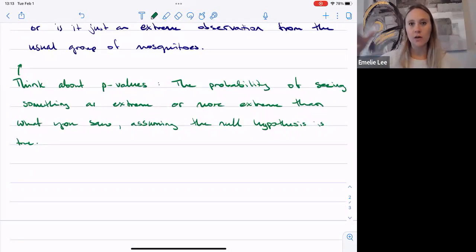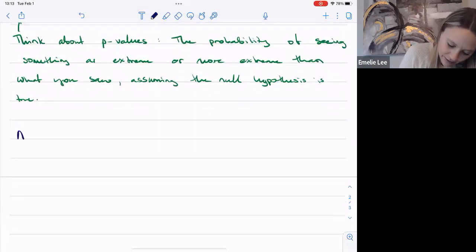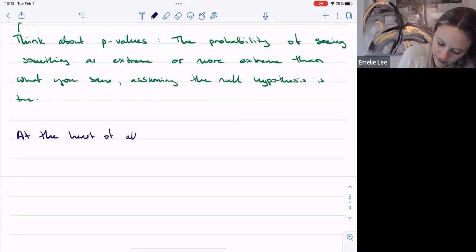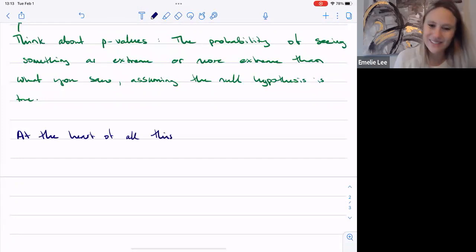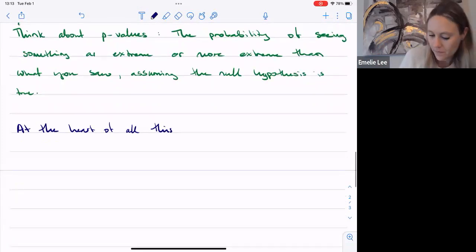But to get there, at the heart of all this that we've talked about already is the variability.